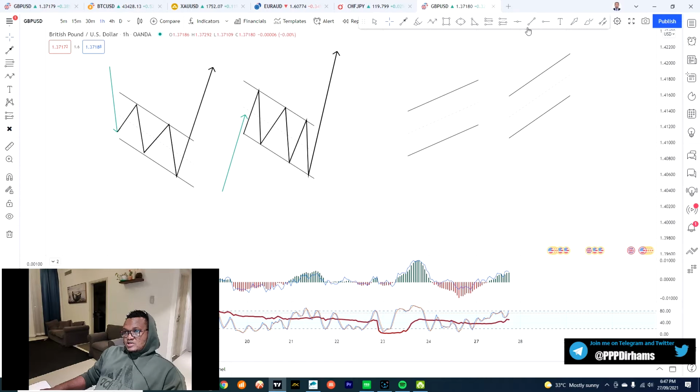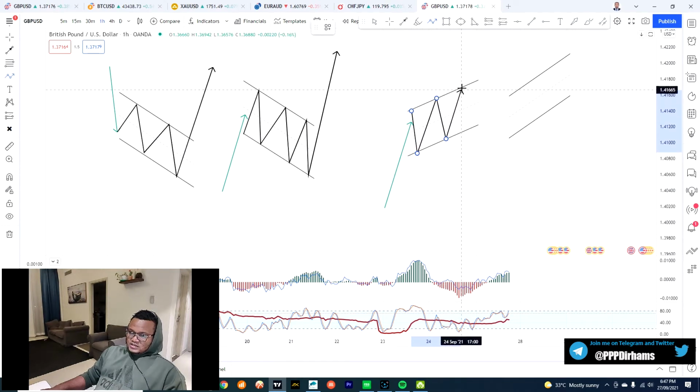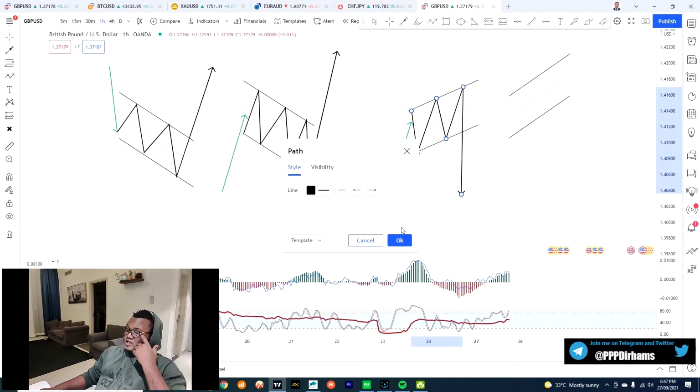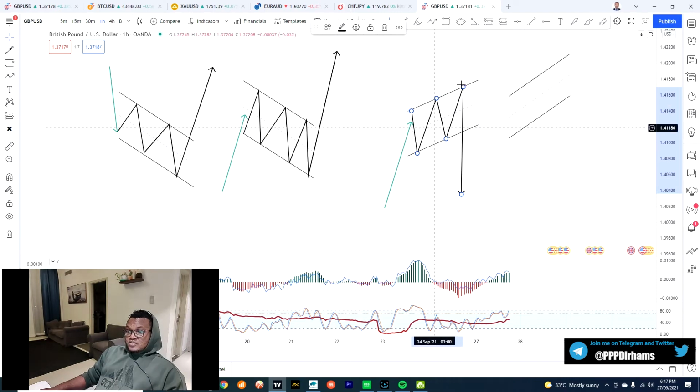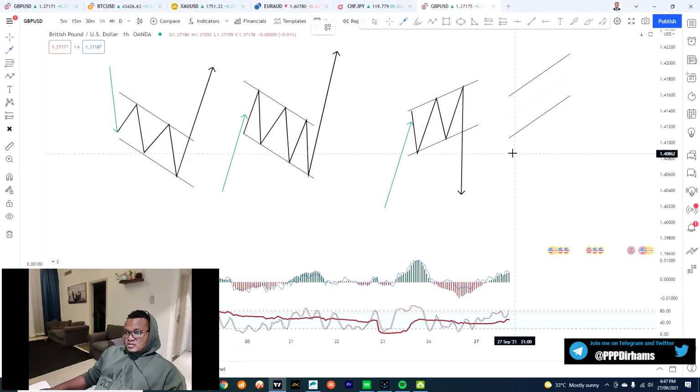Okay, likewise here, if price is coming from here, you are going to have something like this, and reversal. So if it's a buy market, and you have this formation, 80% chances are that this price is going to reverse and go back where it is coming from. The same thing happens here.